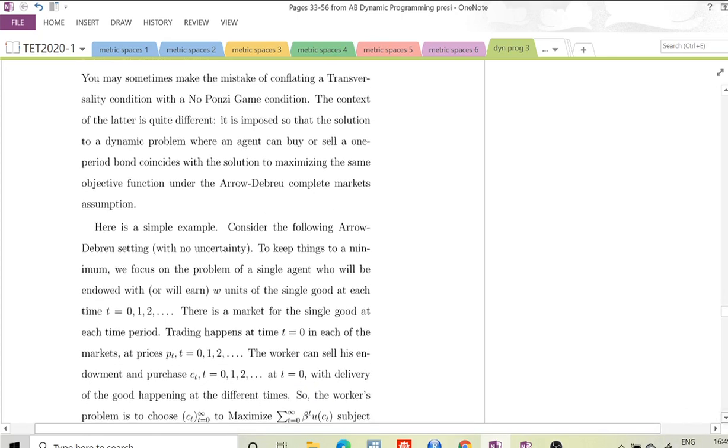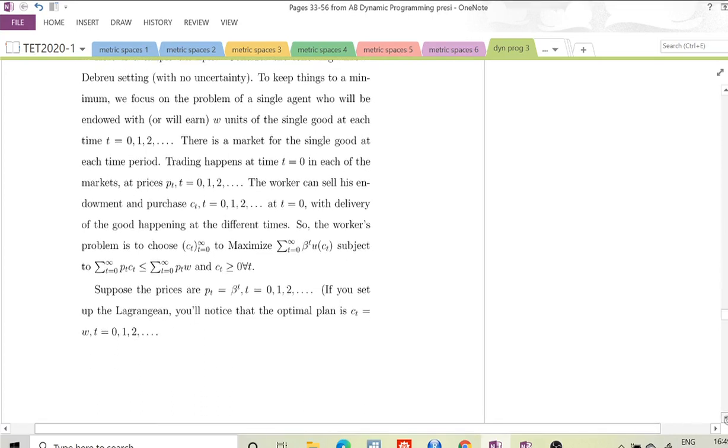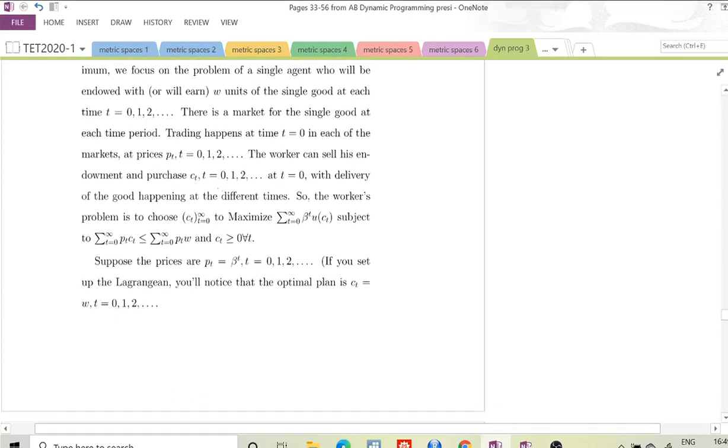So when we write down the Arrow-Debreu problem for a consumer, it looks something like this. Suppose the consumer at each time t is endowed with the same W units of the good. It doesn't matter if this varies. If it's W_t units at time t, nothing will change, except, well, I'll come to what will change.